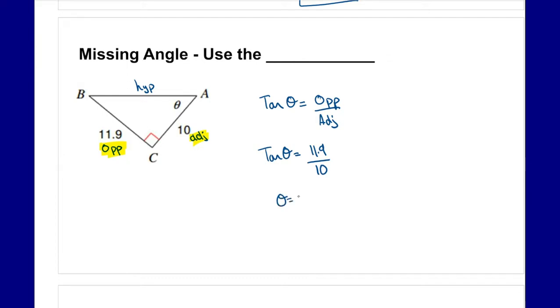And in this case, the opposite of tan and the opposite of any trig ratio is the inverse, tan^-1 of that fraction. And when we do that, so again, we talked about it when we looked at the formulas, you have to do second function or shift and tan of 11.9 divided by 10, and we end up with essentially 50 degrees.